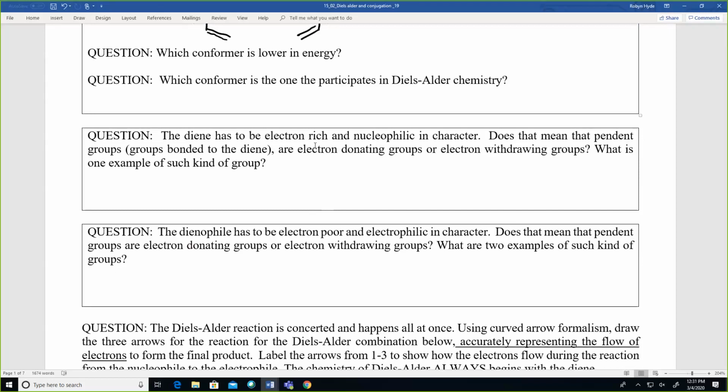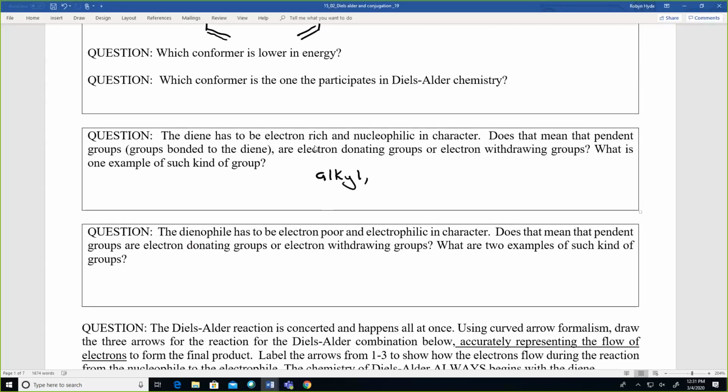If I need my diene to be electron rich, which should it be? Donating. So I need an electron donating group. So what are some examples of electron donating groups? CH3 and methyl, ethyl, isopropyl, tert-butyl. All of those would be good electron donating groups. And so any of those alkyl groups can be electron donating.